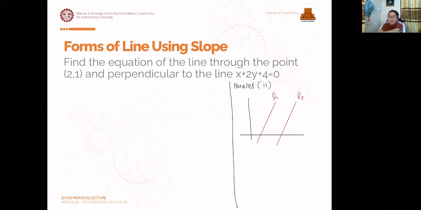Ibig sabihin, meron siyang value ng m kasi may sarili siyang formula for slope. So, may isang formula pa ng slope kapag given yung line na ganyan. Basta, alam natin yung value nung theta natin, anong orientation ng line natin from the x-axis, no? So, magkakaroon tayo ng slope 1 and slope 2.